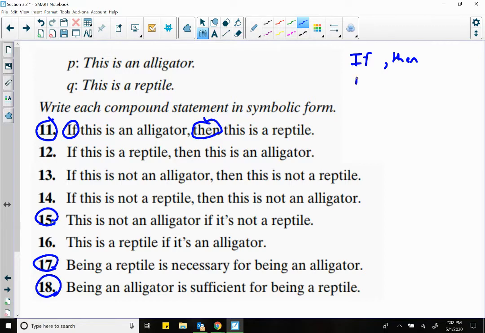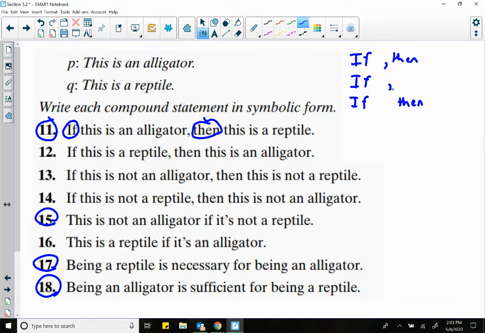Sometimes they'll just say if, and then they'll put a comma, and it's understood that after the comma, even though it isn't there, is the word then. Sometimes they'll write if, no comma, and then the word then.